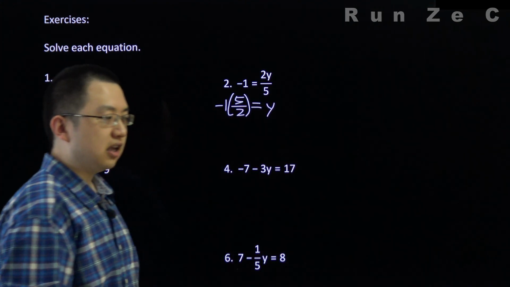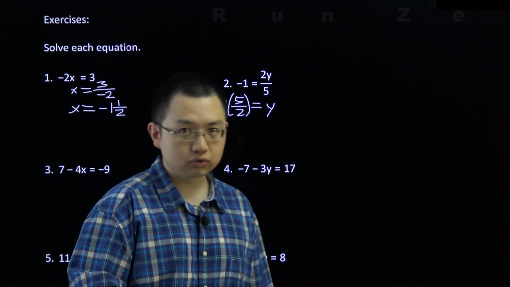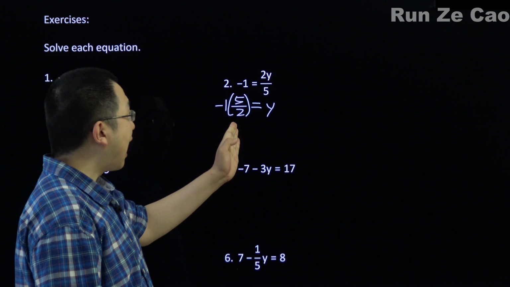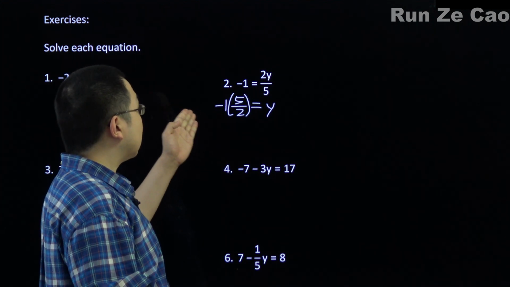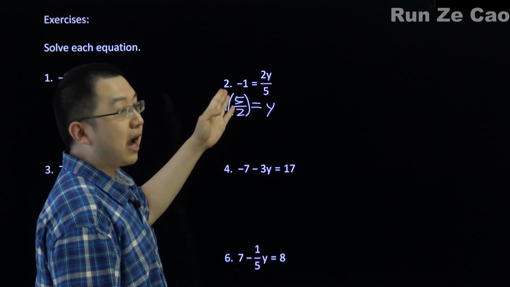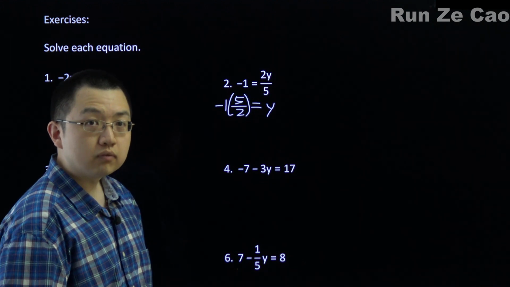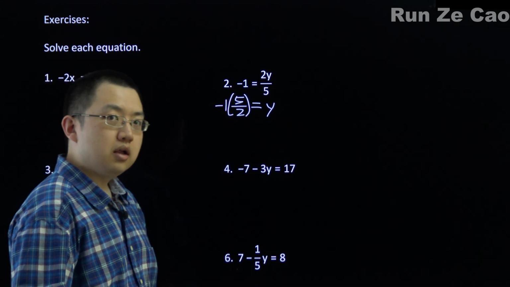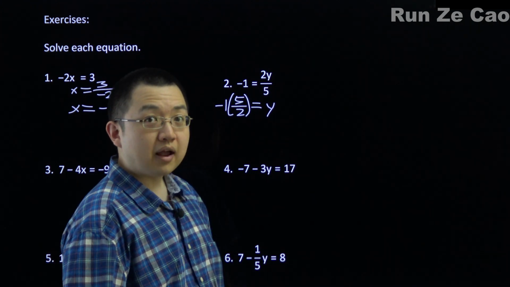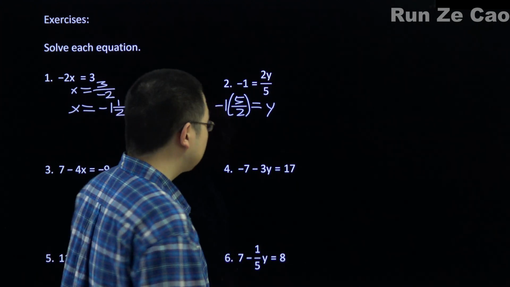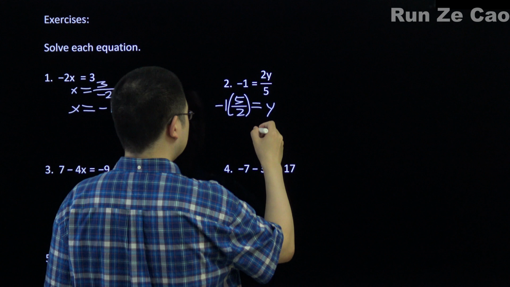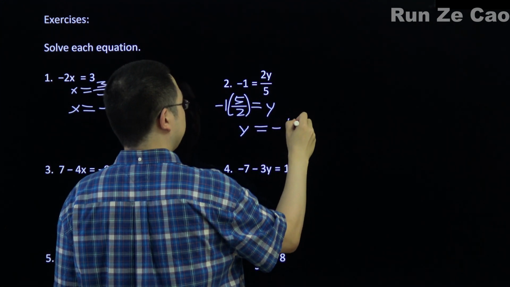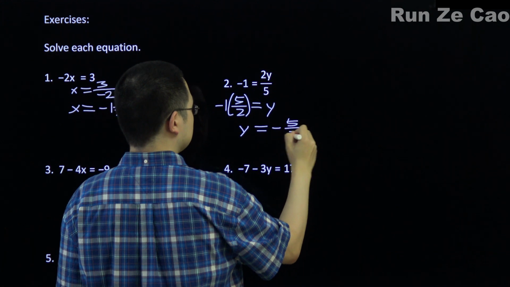In this case, it's actually more practical to go, I multiplied both sides by the same amount. Why? It's because negative 1 divided by 2 over 5, you're going to end up having to show another flip. So another step has to be written out. So y is equal to negative 5 over 2.